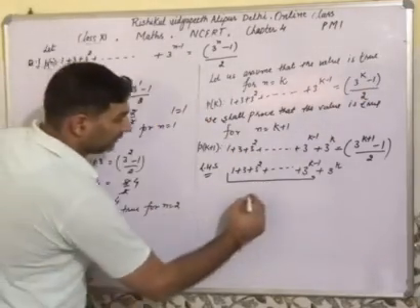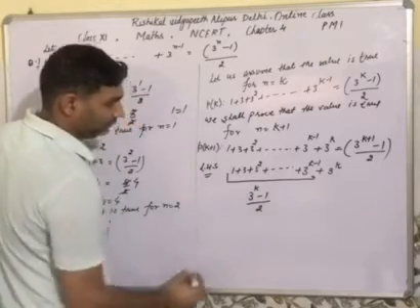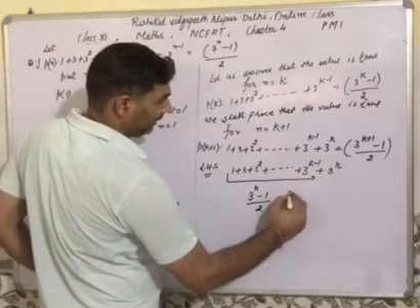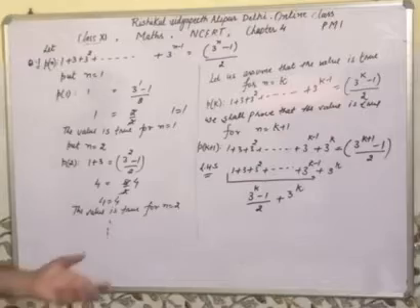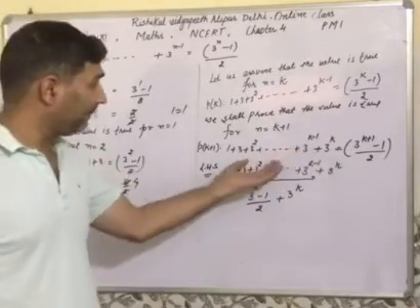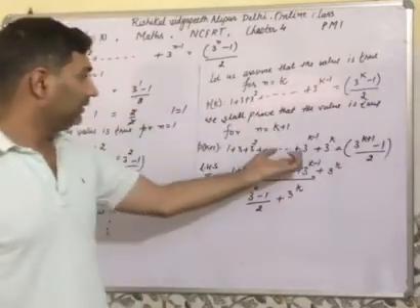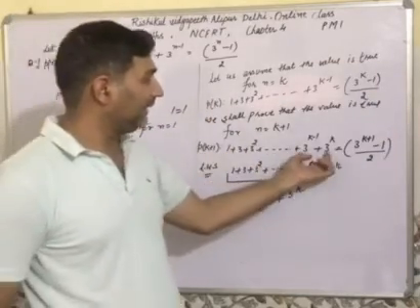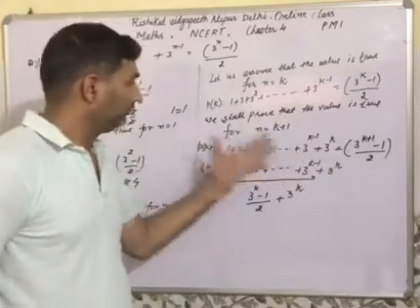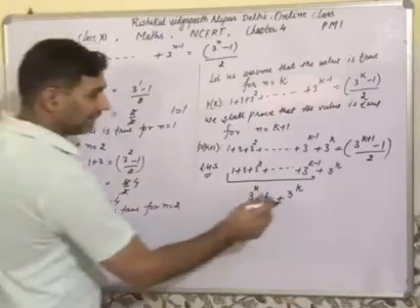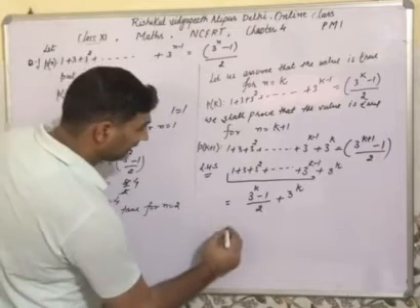This value is 3 raised to power k minus 1 by 2 plus 3 raised to power k. Understand this term? This term is k plus 1 is the next term of k. This term is k तक ये term आई, then k plus 1 की ये term है, then put this value and then 3 raised to power k is the next term, and then solve this.